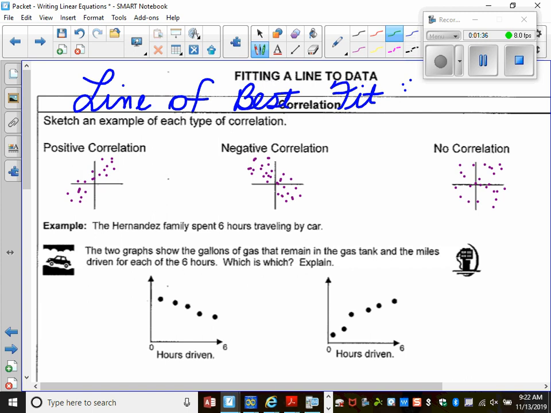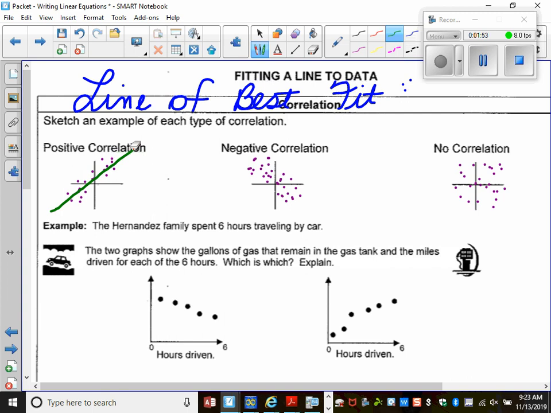So when we're trying to determine the line of best fit, obviously we don't connect the dots. What we do is try to find an equation of a line that will be in the middle of the data.